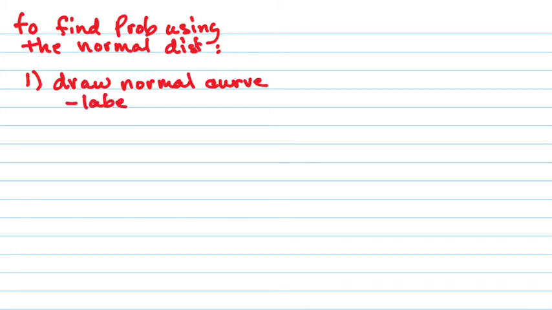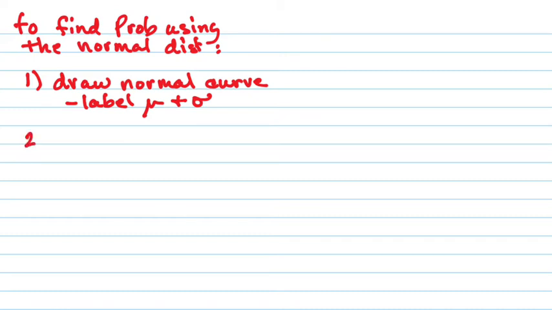First, draw your normal curve. And when you draw it, label the mean and the standard deviations. So just find all the standard deviations. Make sure you put everything on there, okay?